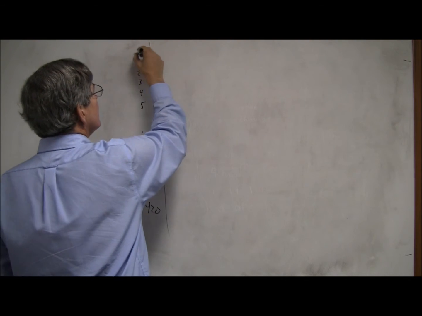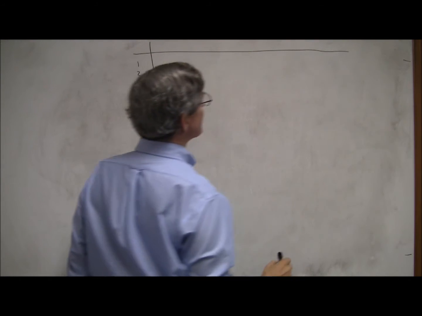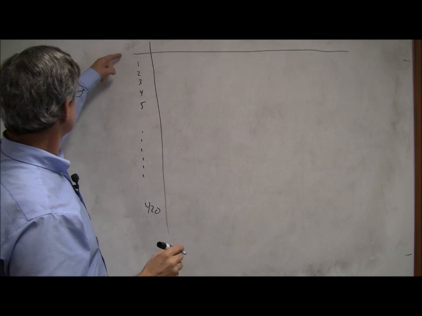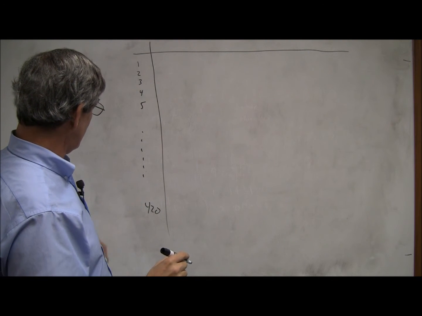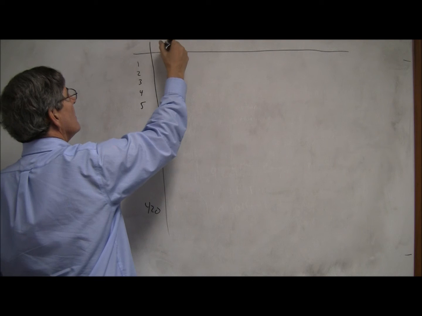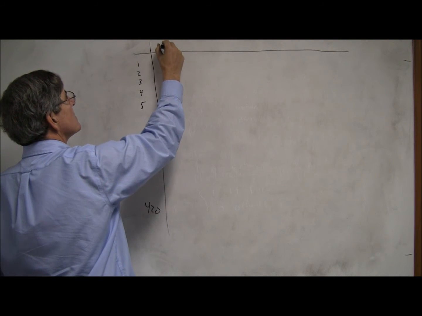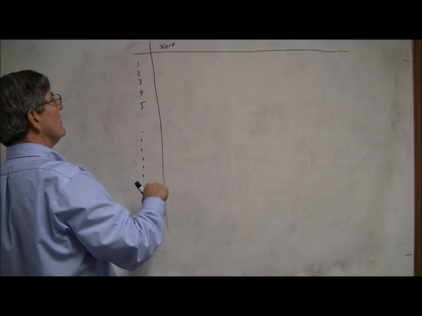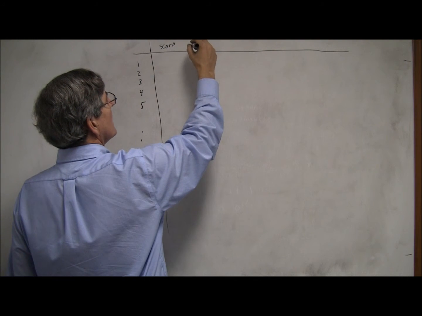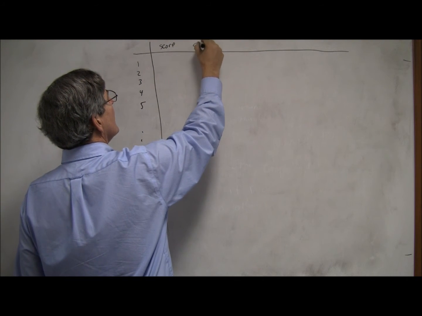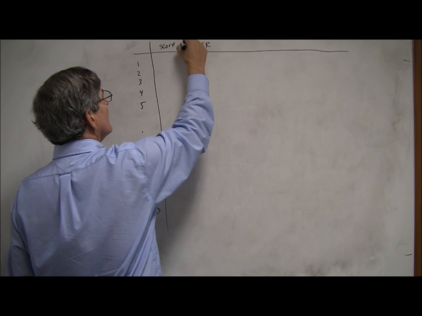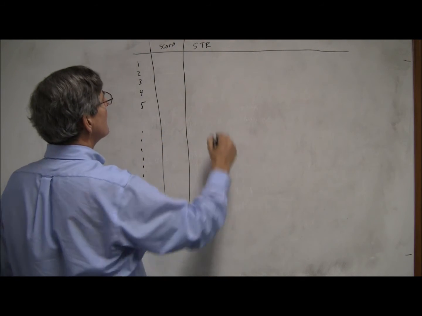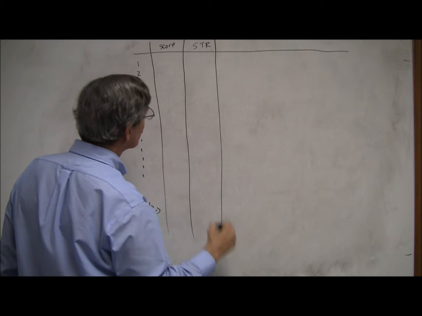And we have a bunch of different variables. You can imagine this is an Excel spreadsheet, so these are cells down to the 420th. In column A, we're going to put score for district i. These are the i's from 1 to 420. We're going to put class size, STR, for each of them.